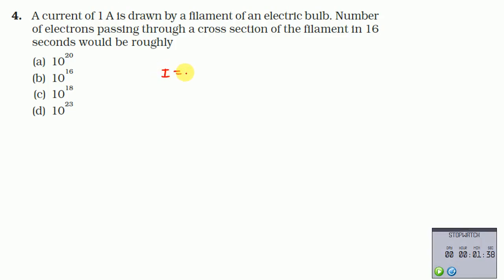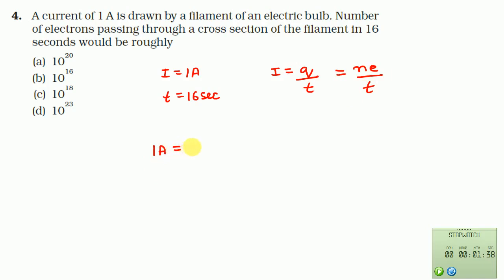I equal to 1 ampere. Very good. Now the time is given, 16 seconds. We know the formula that I equal to Q by T, where Q is the charge, and Q can be written as n e. So 1 ampere equal to number of electrons into charge on 1 electron. Charge on 1 electron is 1.6 into 10 power minus 19 coulomb.